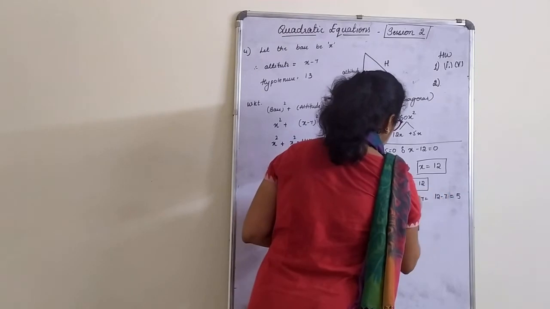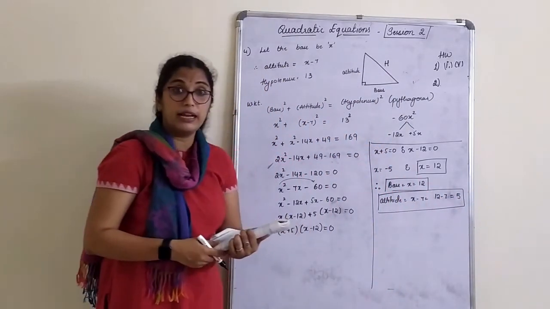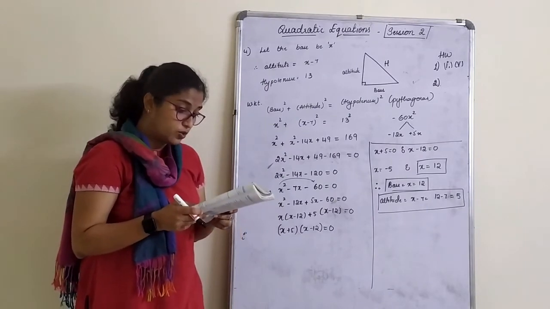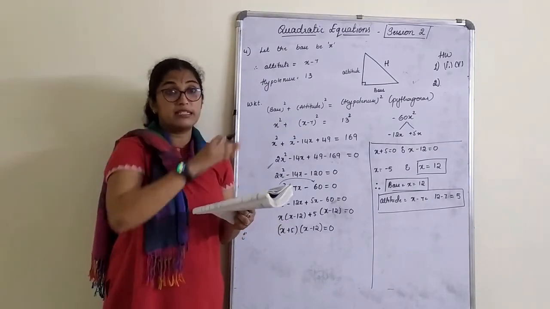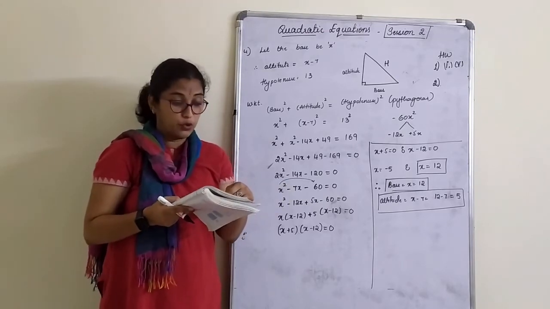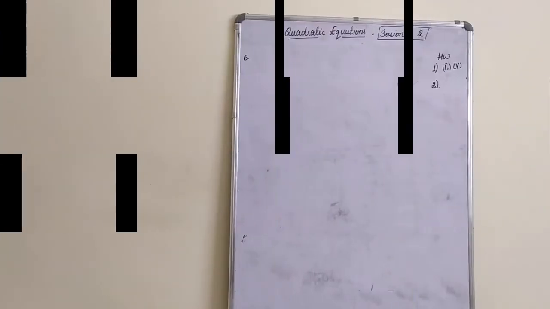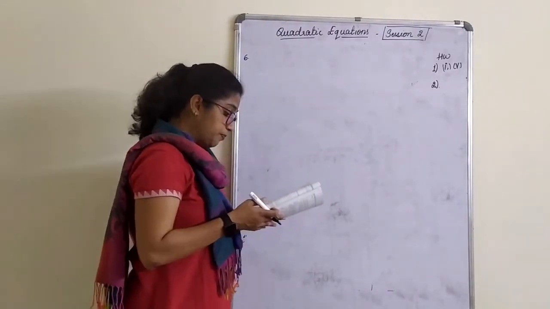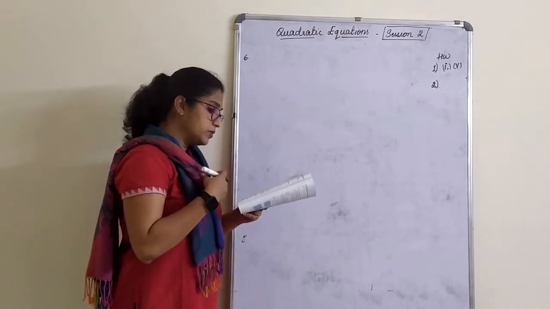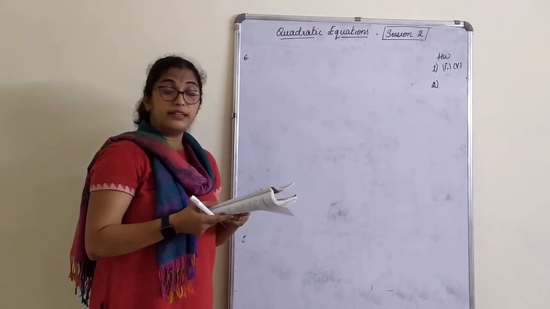So we found the base and we found the altitude. We'll quickly go with the last one. Again, this last sum is similar to the work example I told you, the second one, to be done. So, the last one: a cottage industry produces a certain number of pottery articles in a day.